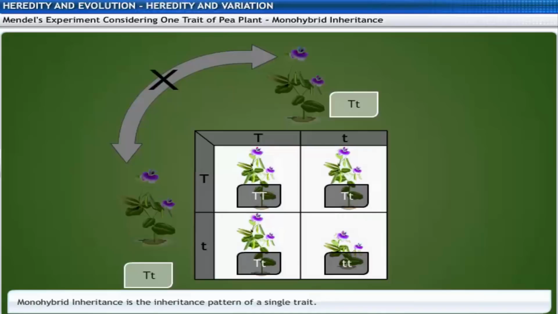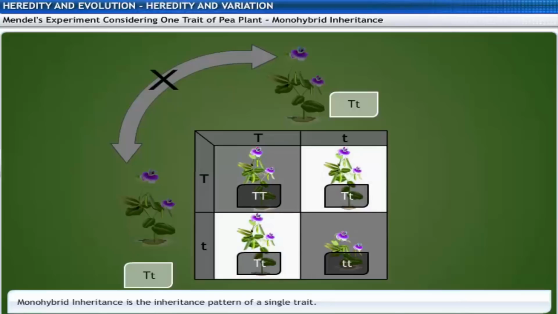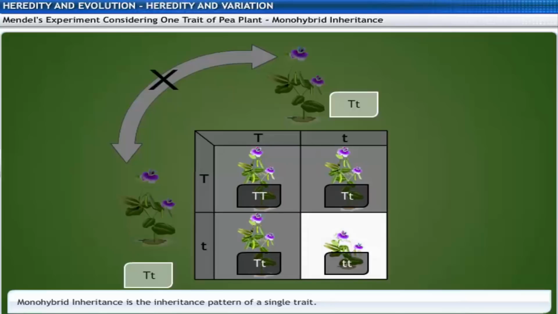From the Punnett square, it is seen that random fertilizations result in 1/4 uppercase TT, half uppercase T and lowercase t, and 1/4 lowercase tt.